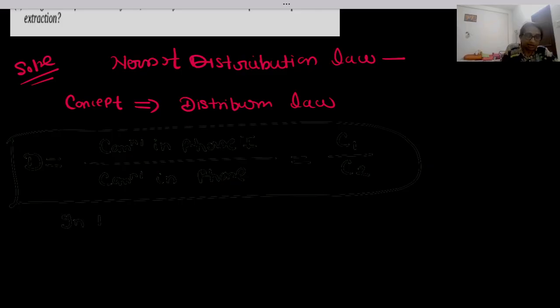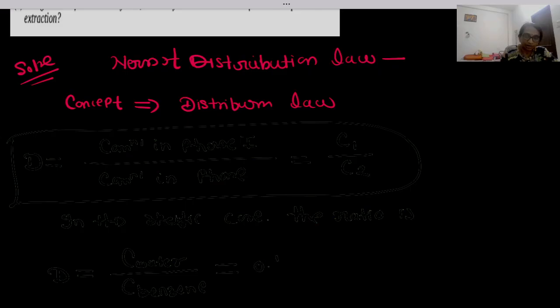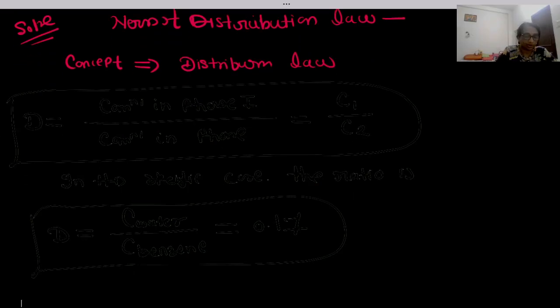So in this specific case the ratio is given as D is equal to C water, इन दोनों में इसको डिस्ट्रीब्यूट होना है, and C2 is equal to benzene, right? And the distribution ratio is given in your question as 0.17.